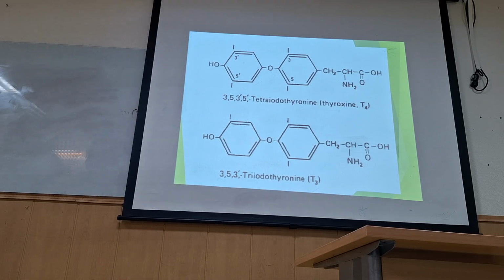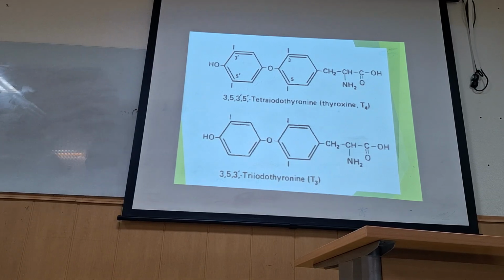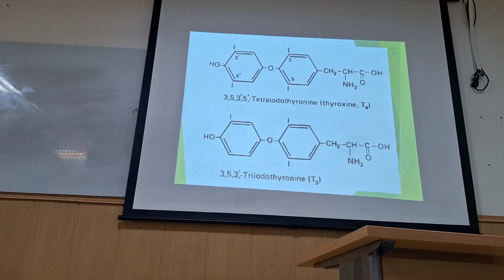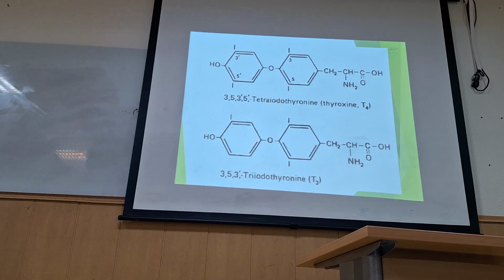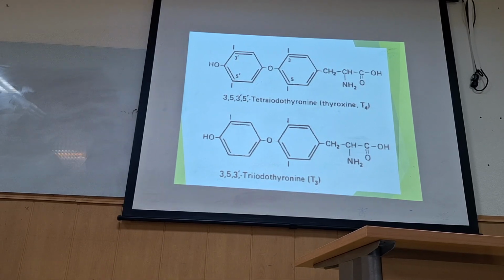Cortisol? No, cortisol is a steroid hormone. Sex hormones? No, sex hormones are steroid hormones. Aldosterone? No, aldosterone is a steroid hormone. Yes, very good, very good.